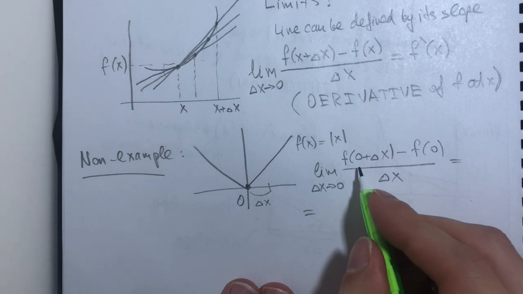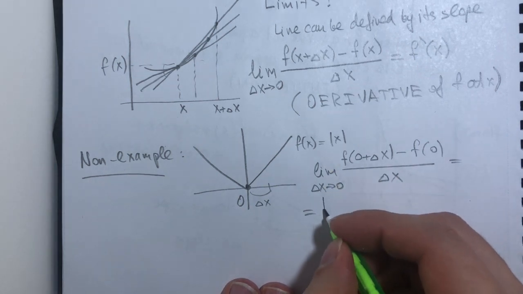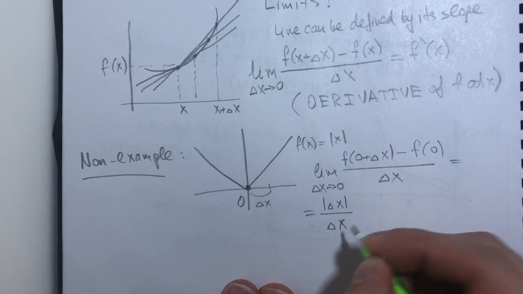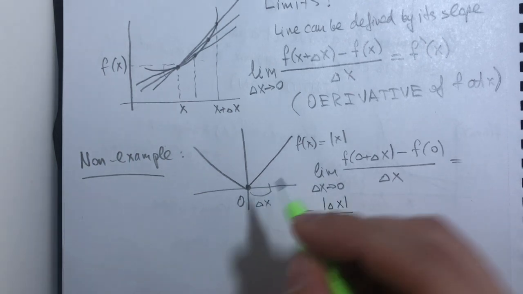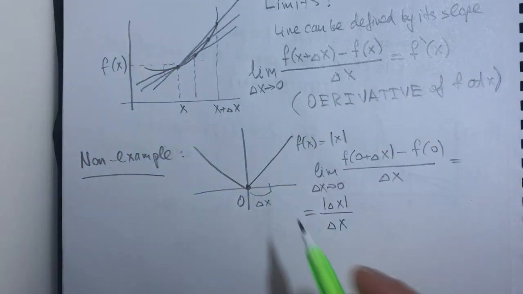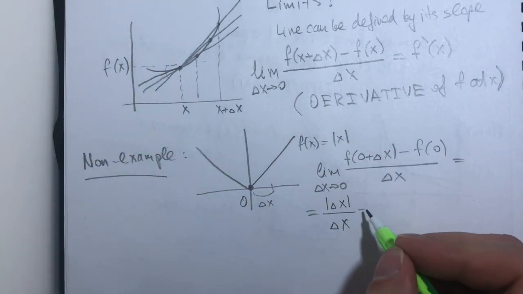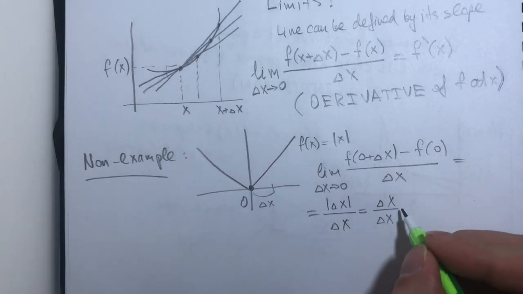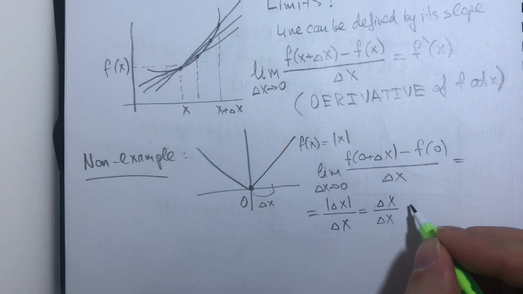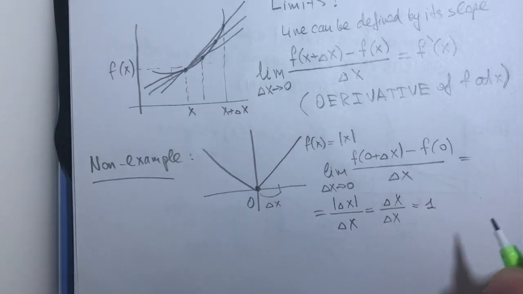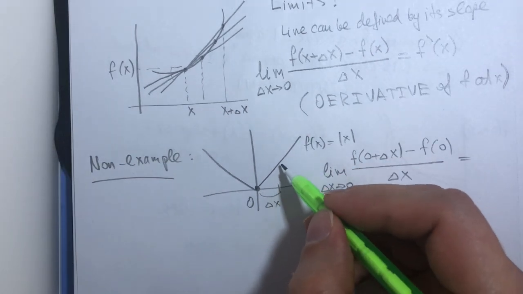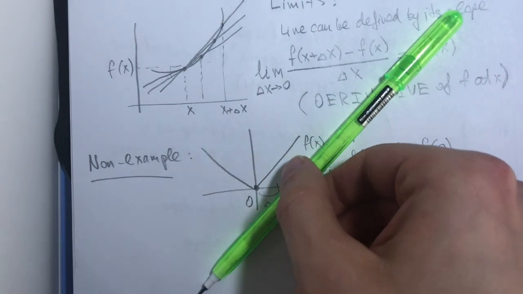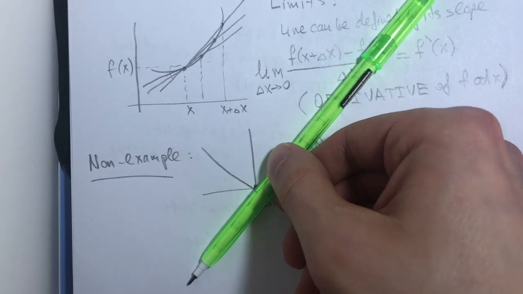What is it? Well, using the definition of the function, we can write that. And since delta x is positive, and as it decreases it also stays positive, I can drop the modulus sign and get that it's actually a constant ratio, so it is 1. So by this right-handed philosophy, if you like, my tangent is supposed to be this line.